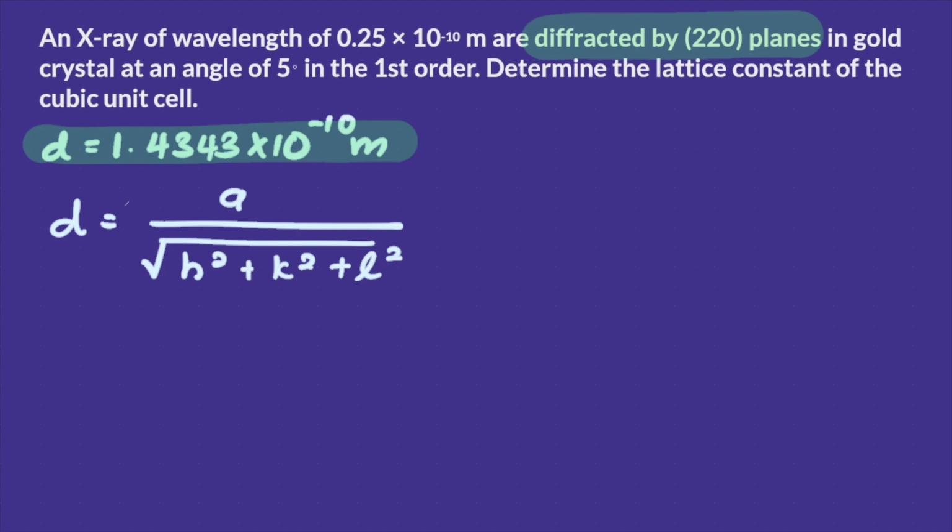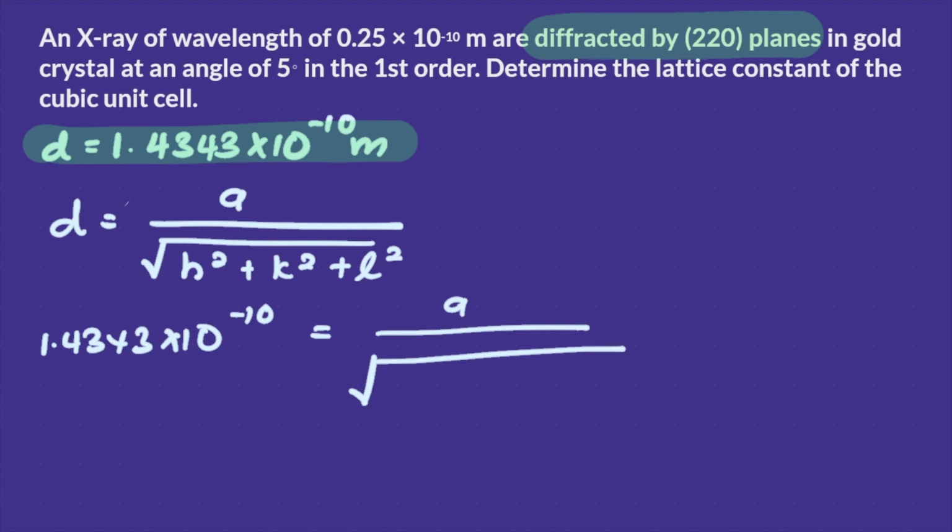So we plug in d, 1.4343 times 10 to the power of negative 10 is equivalent to a divided by the square root of h, which is 2 square, plus k, which is 2 square, and l is 0 square. So it's equivalent to a divided by the square root of 8.